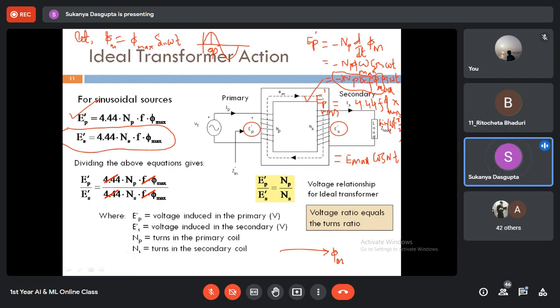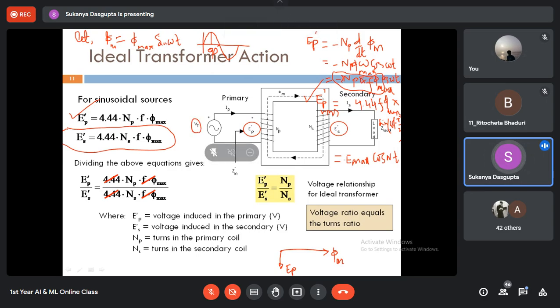Fine. Let me draw the signal first. The vector for the voltage signal EP, the primary induced EMF. And what is VT? VT is the supplied voltage, the AC supplied voltage.